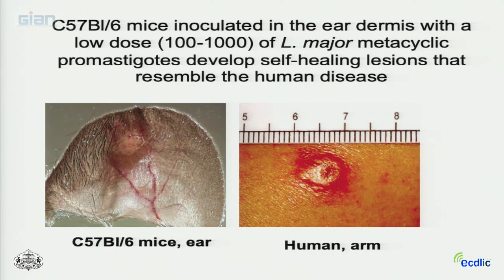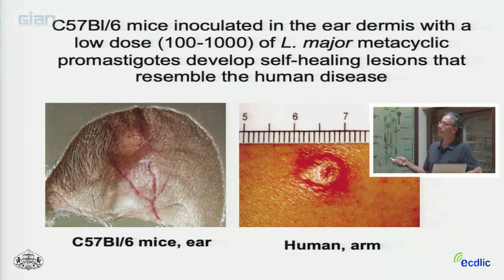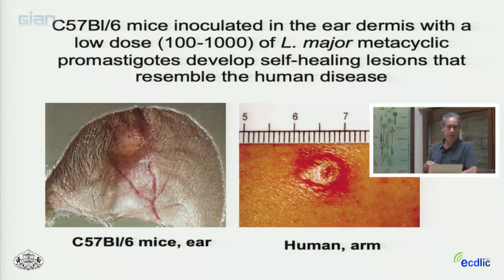A lot of labs that study L. major infection in mouse models use the C57 black 6 mice because it's the classic genotype that is resistant to L. major infection. A lot of people put parasites in the footpad. Our preferred site is the skin because that's where a sandfly would normally deposit these parasites.